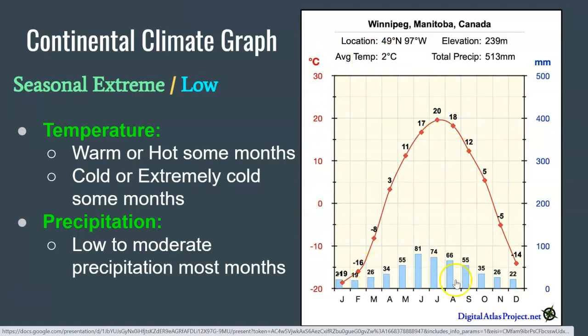It could be extremely cold. Look, we've got negative 14 in December here. And then precipitation is fairly low. It could get a little bit moderate, but not a ton of precipitation. And remember, precipitation is the blue bar graph, and temperature is the red along this side and the red line.